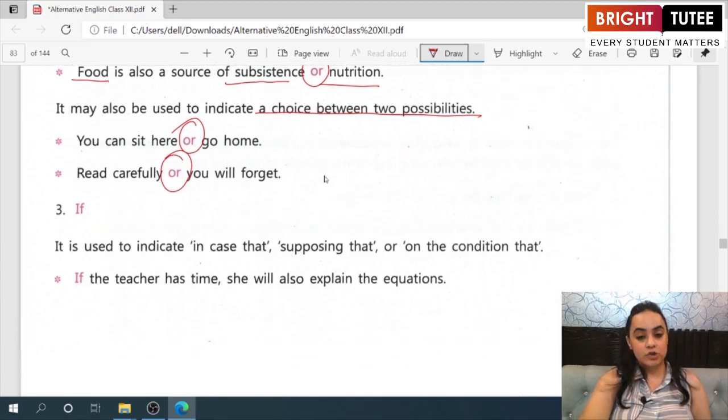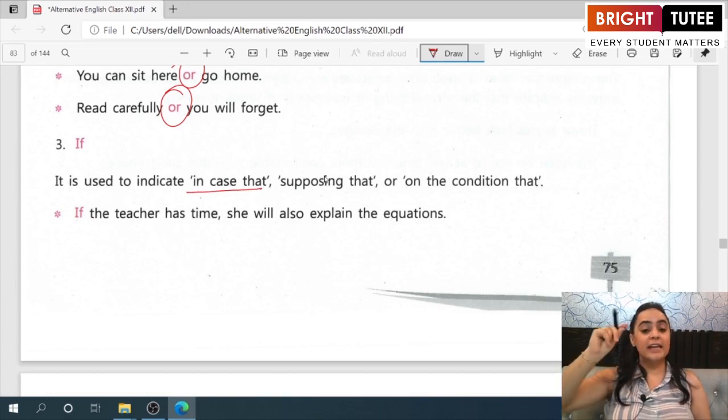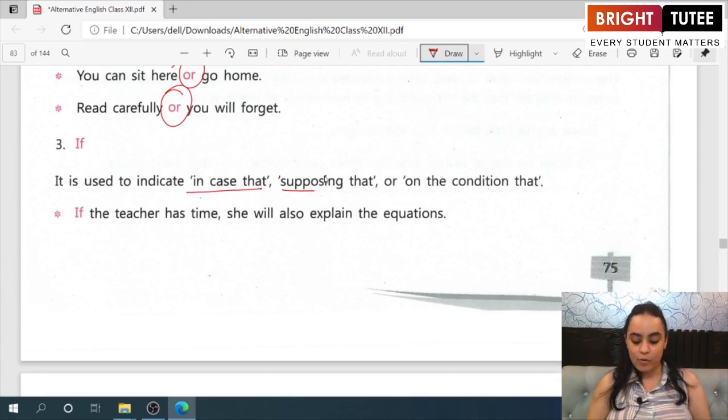The next conjunction that we have is "if". It is used to indicate "in that case". So if you want to say that in that case, or supposing that, or on the condition that, in such cases we use "if". For example, if the teacher has time, she will also explain the equations.